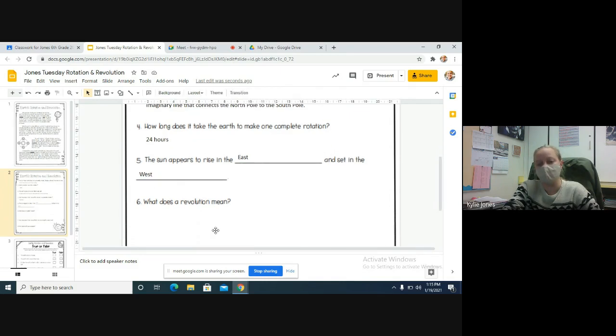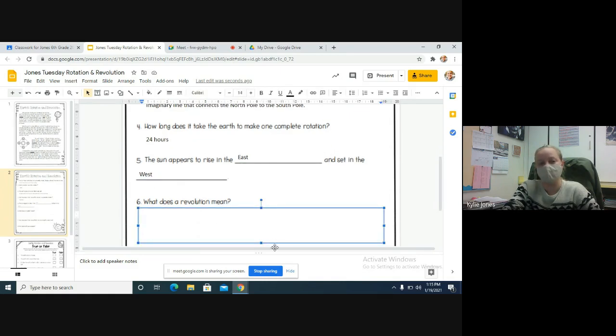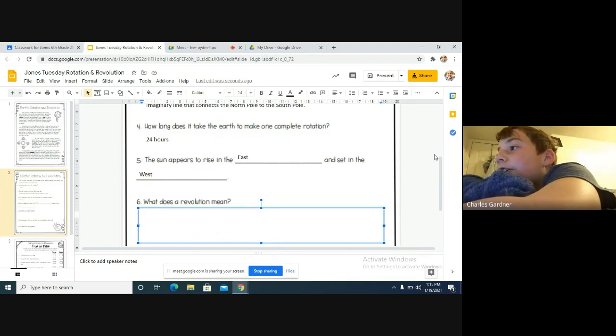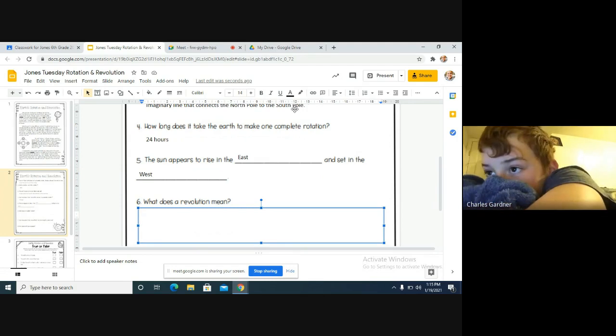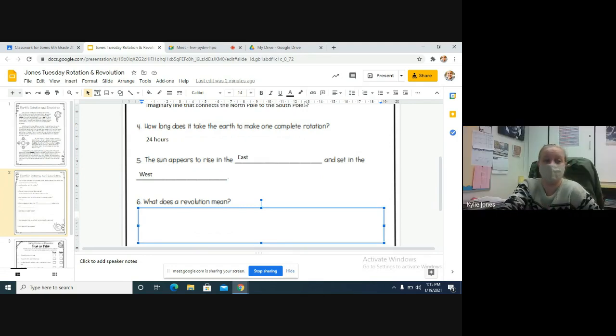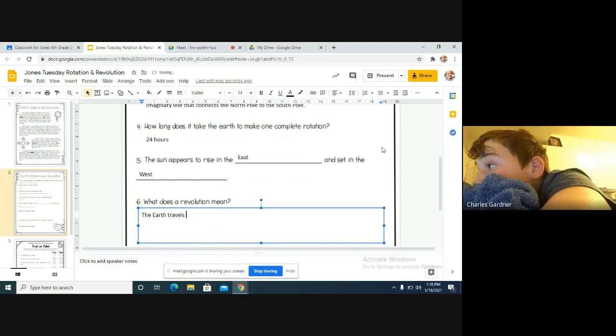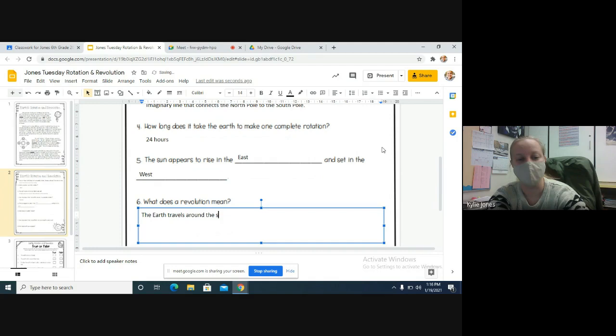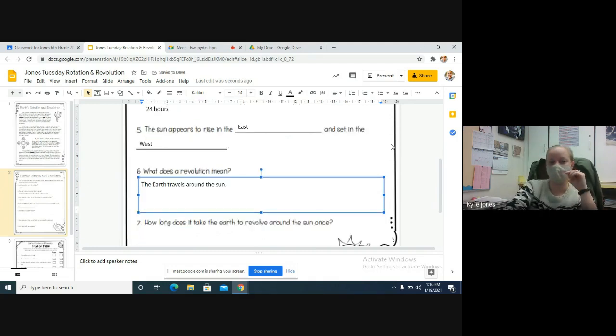What's a revolution? When the Earth spins 365 days around the sun. Good. It's basically the path around the sun. The Earth travels around the sun.